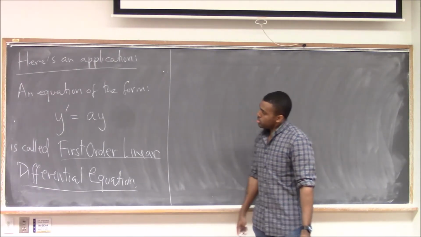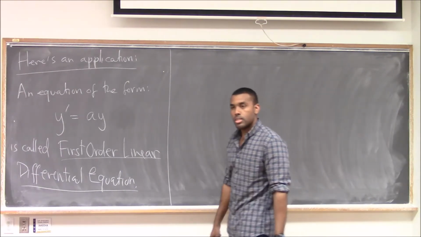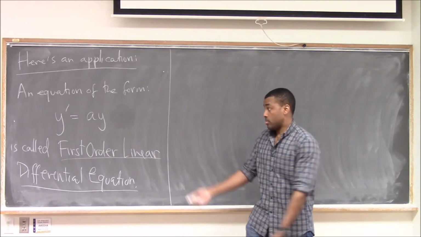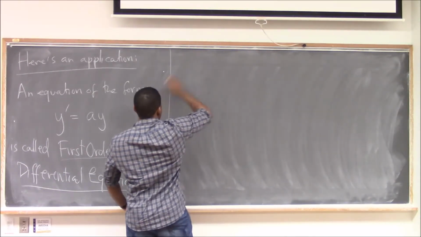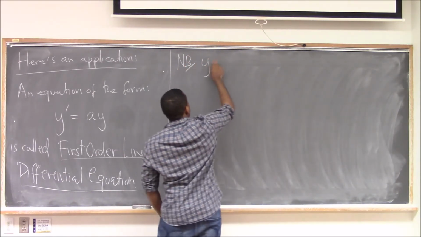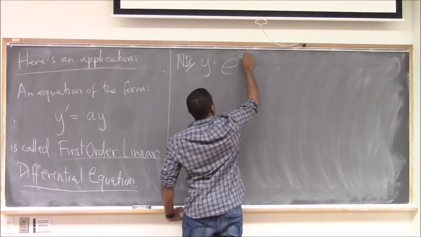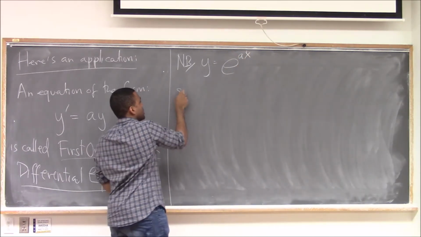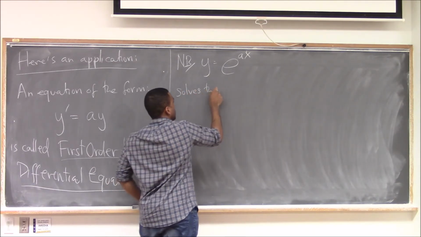Can anyone tell me a solution to this? Just integrate. E to the x. E to the ax. Note, y equals e to the ax, or t, solves this differential equation.